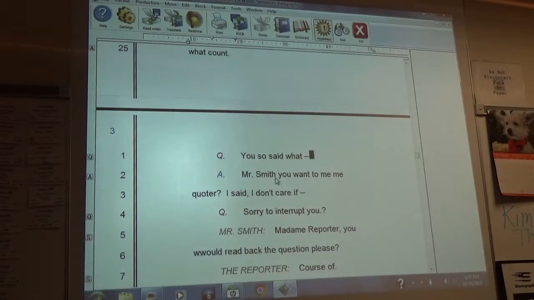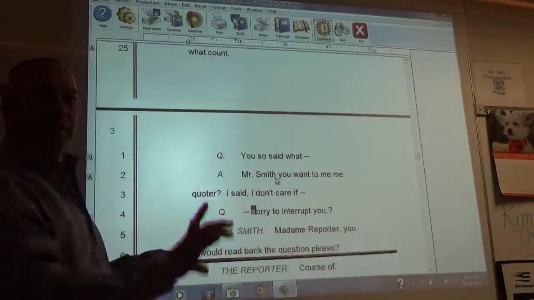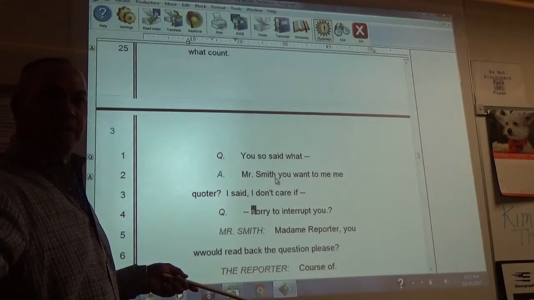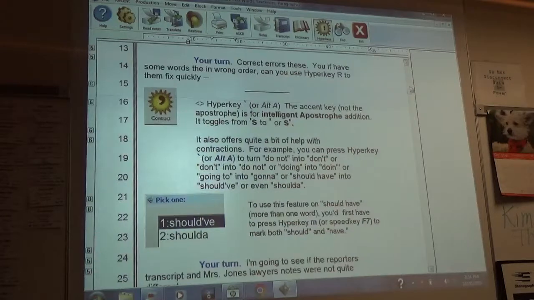Okay, and that's why they do what they do right here. So you do the shift B, and you see how I put it at the end of that one, beginning of that one, because it's a continuing sentence. Okay? Pretty cool. I don't know that you'll use it a ton, but it happens.